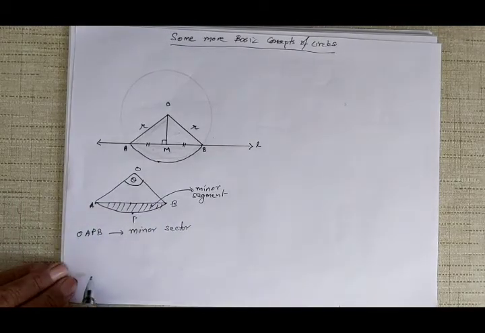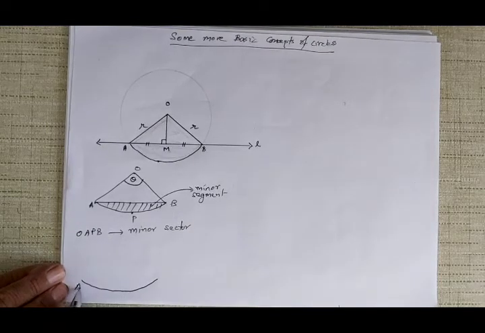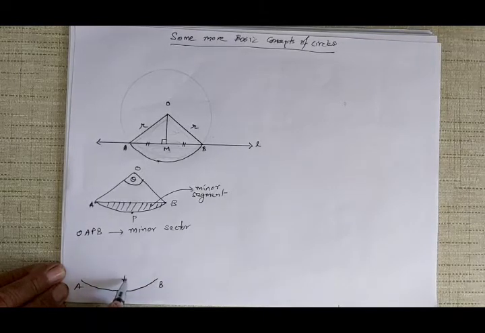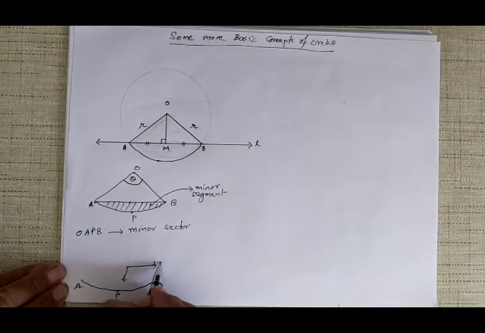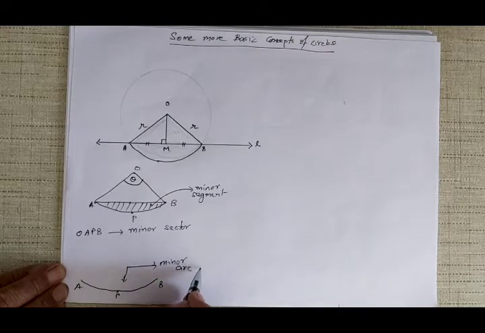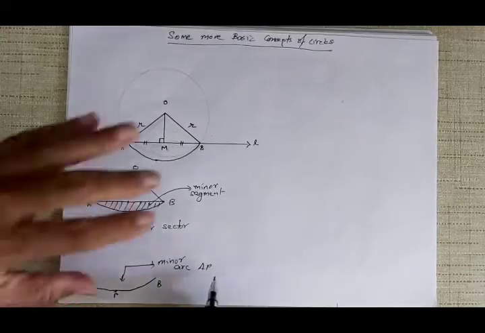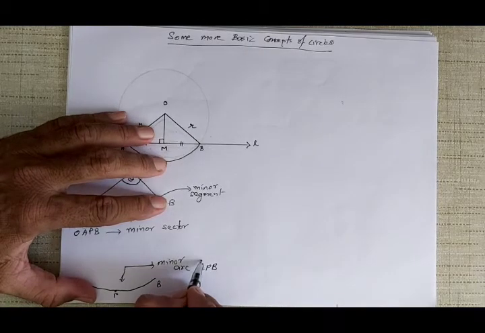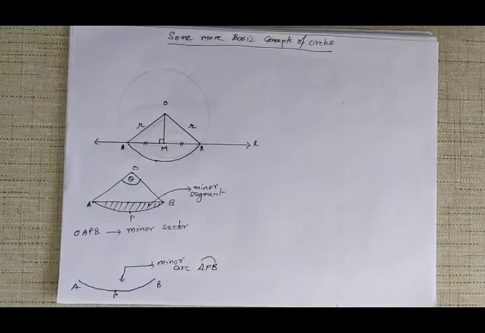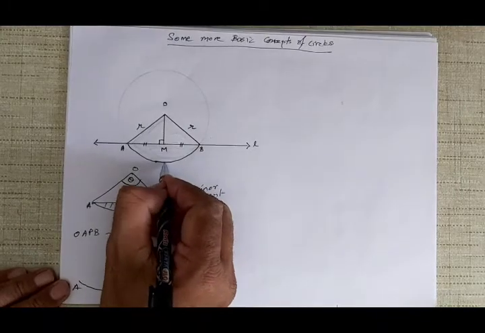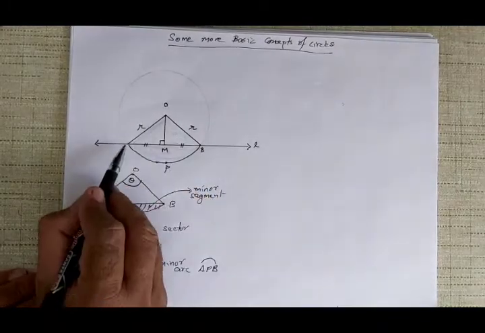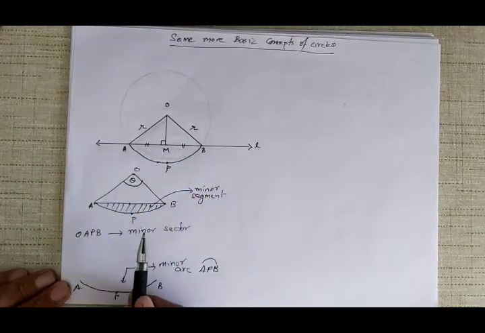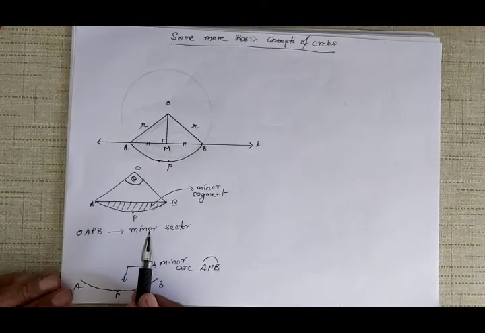This part here, A, P and B, is called the minor arc. We write it like this, minor arc A, P, B.